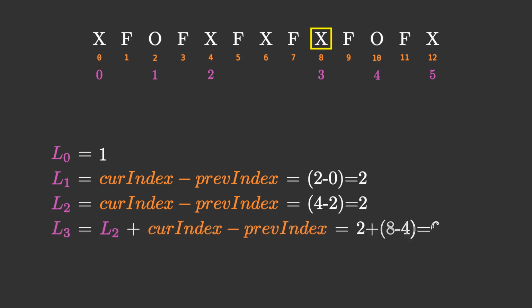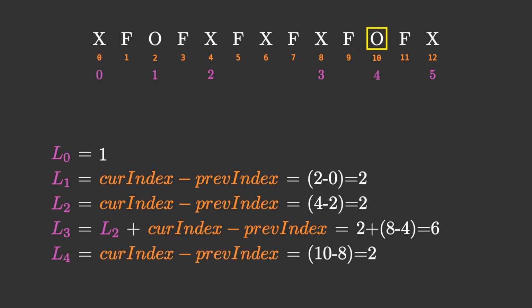Now this is the interesting case for L3. For L3 we have the L2 as well because it is the same. We have X same as L2 which is at L3. So same X's are there, so we can add up these values. So it will be L2 plus current minus previous, so this will become 6. Similarly for L4 we can calculate current index minus previous index, which is 2.